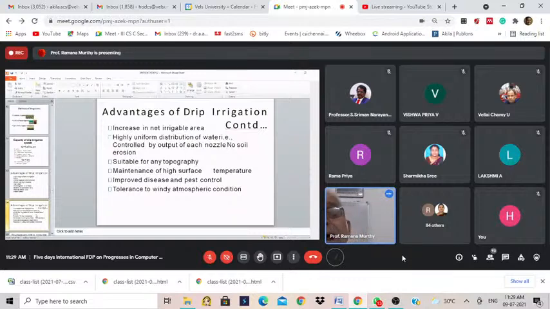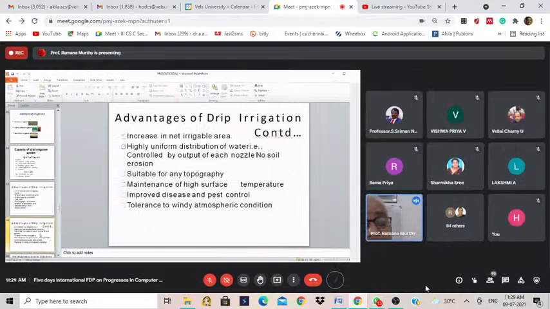Also, there is highly uniform distribution of water with proper control and without using much water, controlled by the output of each nozzle, and soil erosion can be avoided. Then it is suitable for any topography, maintains high surface temperature, gives improved disease and pest control, and is tolerant to windy atmospheric conditions.